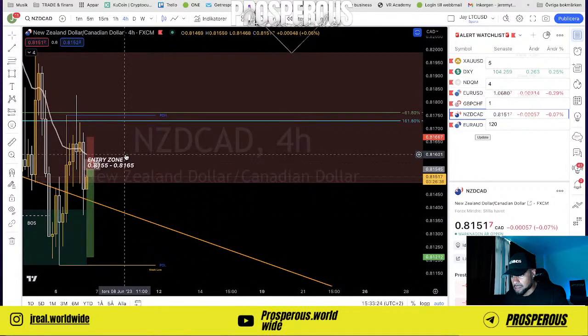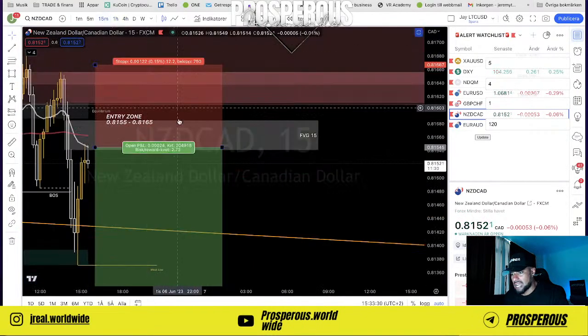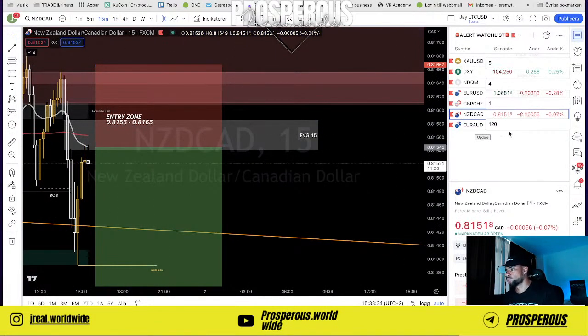Oh damn, I like this. And then we got this one also. Okay, so the market is definitely gonna turn. I even hope the market pushes up a little bit higher to get better entries so we can scoop some liquidity out of this. That is NZD CAD, so keep your eyes on it.